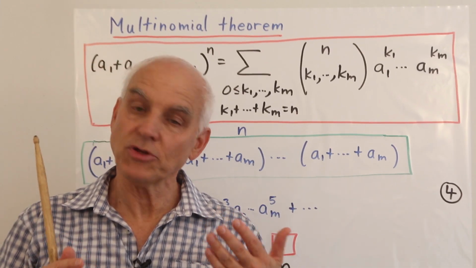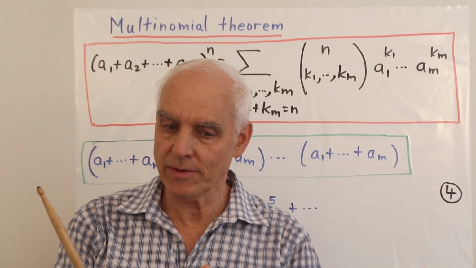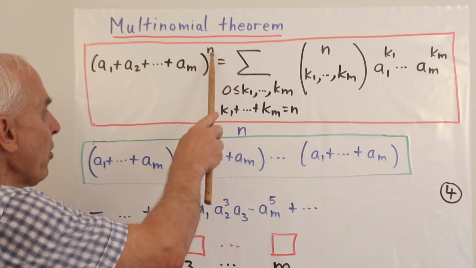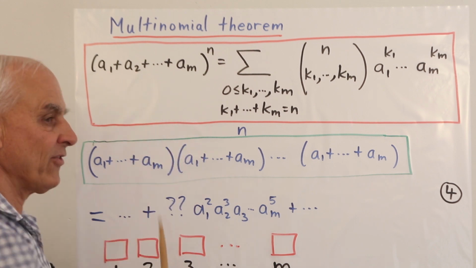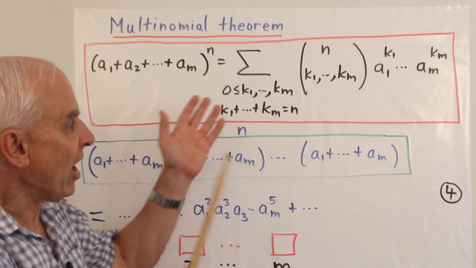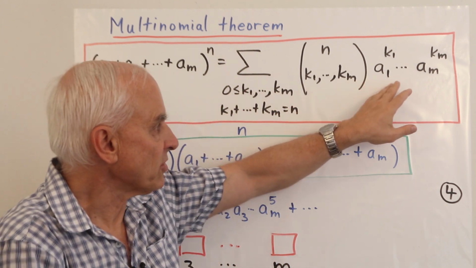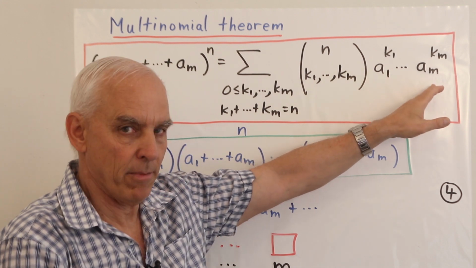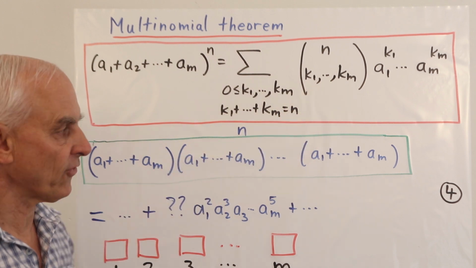Okay, so now we come to the multinomial theorem, which tells us how to expand a power of a general sum, a1 plus a2 all the way up to plus am, as a sum of individual terms which are all products of powers of a1 through am with some coefficients which are multinomial coefficients.